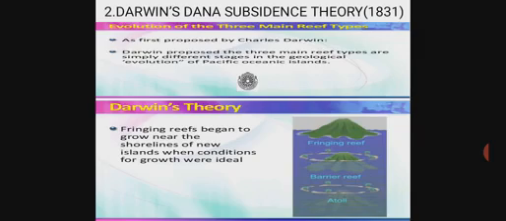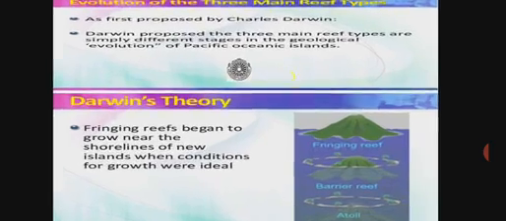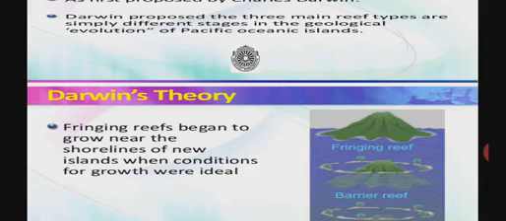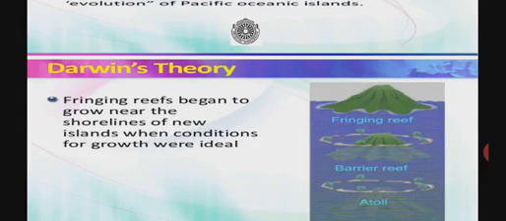According to Darwin's theory, fringing reefs began to grow near the shorelines of new islands when conditions for growth were ideal. You see, there is a fringing reef here near the seashore, and that fringing reef gradually subsides in the sea water because of the rise in the sea water level, and that leads to the formation of a type of reef called a barrier reef.